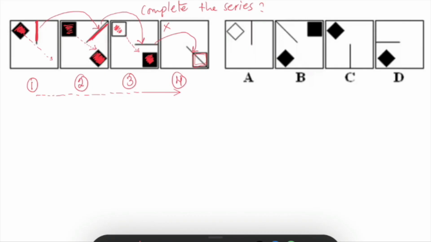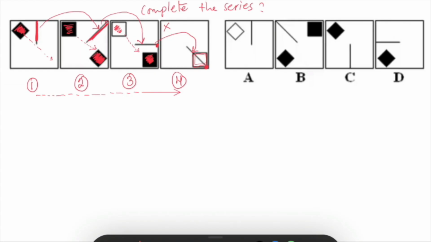Here from the middle of the upper side, then to the upper right corner, then to the middle of the right side of the square, then to the lower right corner.